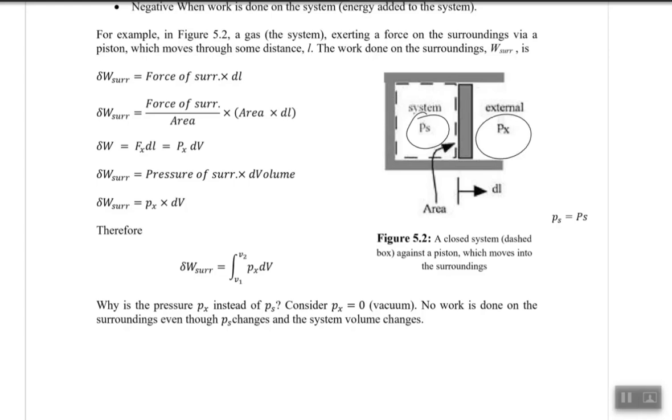So what you need to do is pull the piston very, very slowly. In other words, the process should be very, very slow.